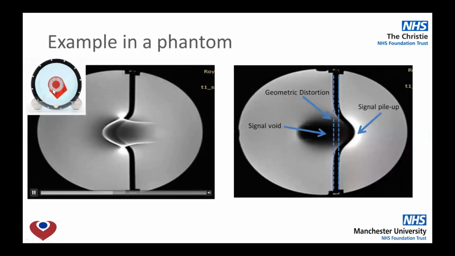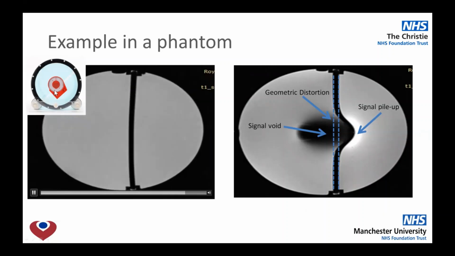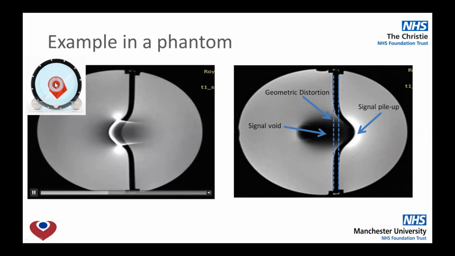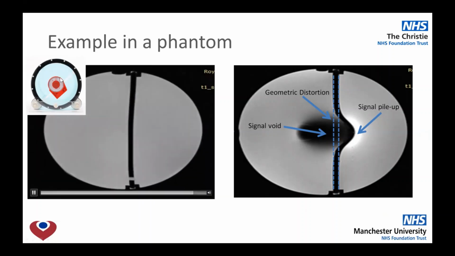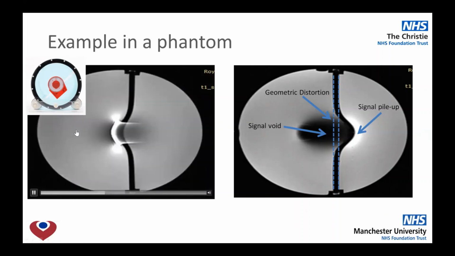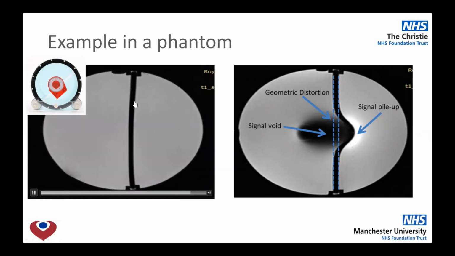So let's have a look at this in a phantom. On the top left, we have a cochlear implant phantom that was commissioned locally. You can see a white perspex sheet running through the middle of it, and on that sheet there's a location where a cochlear implant magnet can be installed, and it's surrounded by MR signal generating fluid. And the results of a sequence being run on this scanner and then the slices being cycled through is shown here.